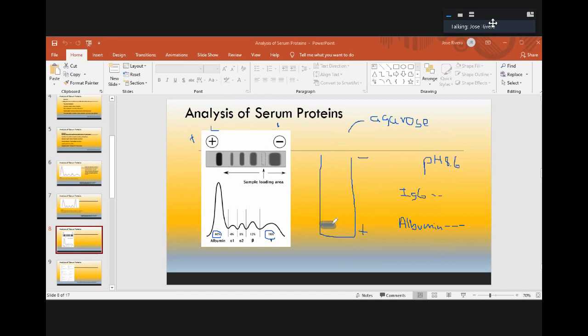So it's more negative, so this will be albumin here. So I'm just going to write Al for albumin. And then the IgG, and the other proteins, they are going to be over here. Okay, so this is IgG. So this only happens if the pH is higher than the pI of these two molecules.